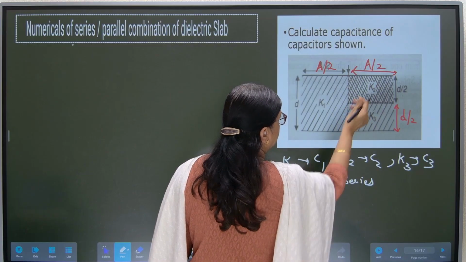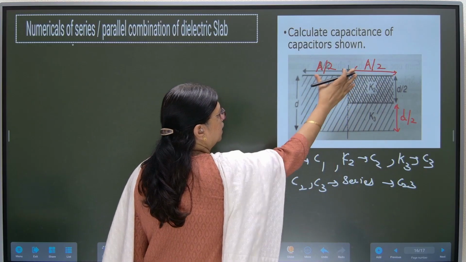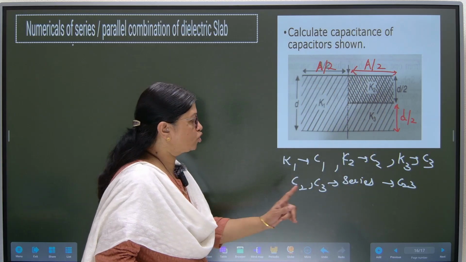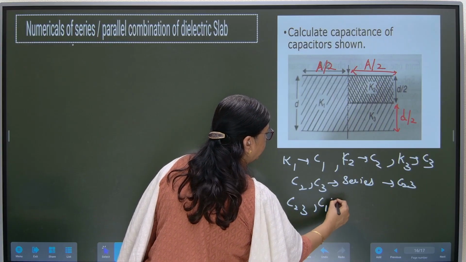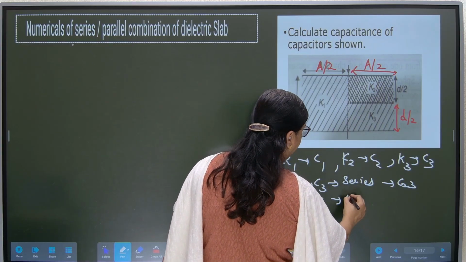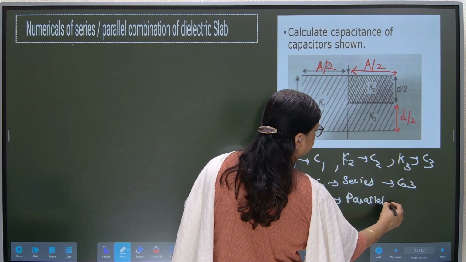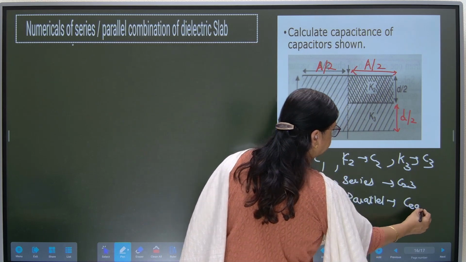C1 and the combination C2-3 are perpendicular to the plate. So C2-3 and C1 will be in a parallel combination. Agreed? Such that we get C equivalent.